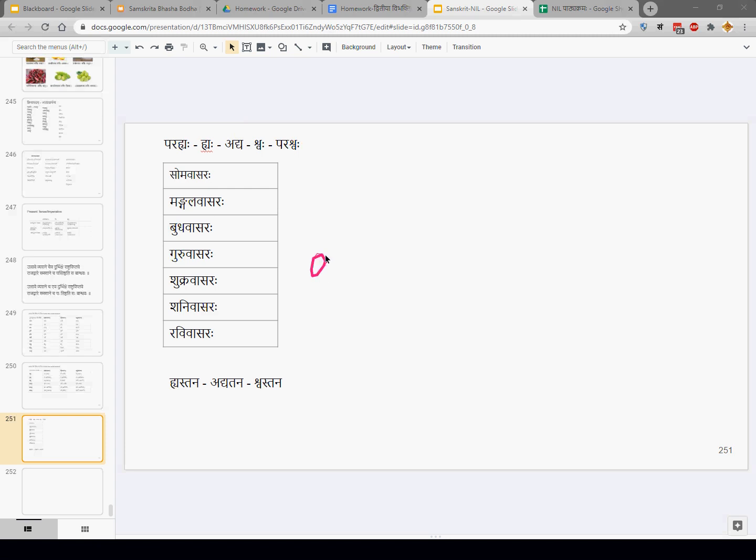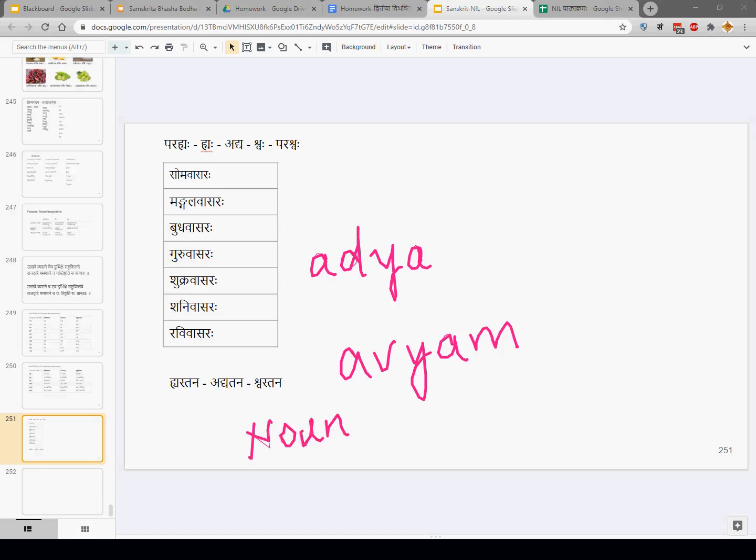And so Adya, I'll just write Adya means today. Now, I hope all of you remember what is avyayam. We know what is namapadam or noun, and what is kriyapadam or verb. Now, what is avyayam?